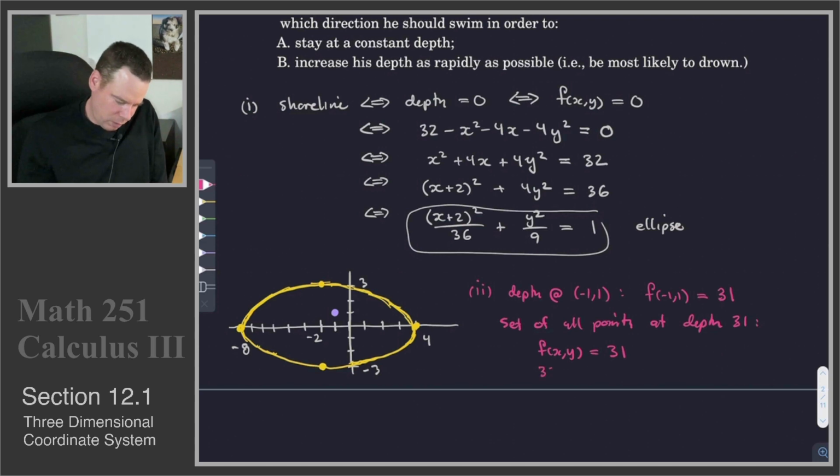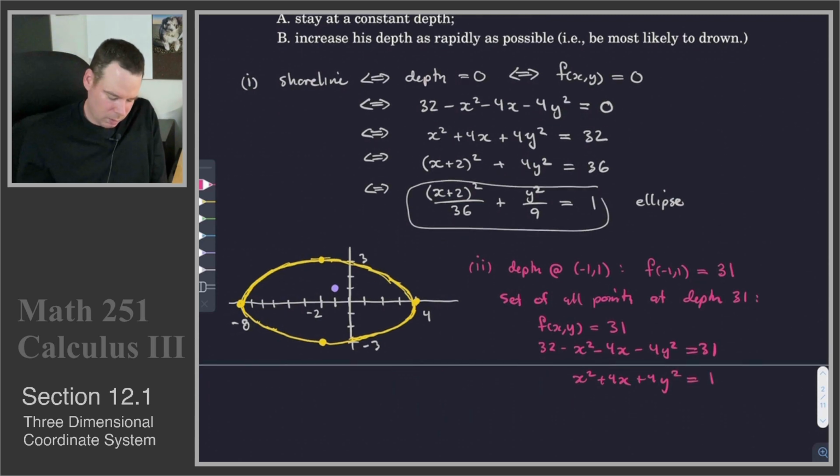Or in other words, 32 minus x squared minus 4x minus 4y squared is equal to 31. Or x squared plus 4x plus 4y squared is equal to 1. And then we can continue on.